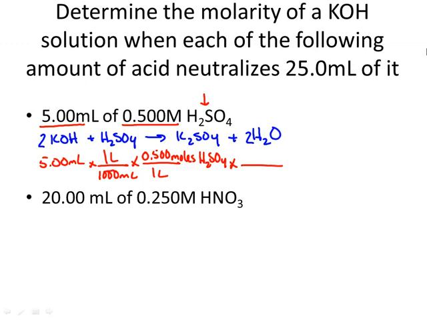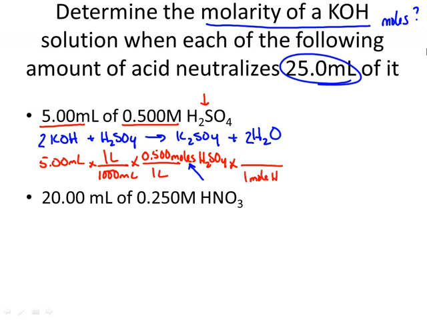If I want to know the molarity of KOH, and I've been given the volume, then I'm missing the moles. I want the moles of KOH. I see down here that I've gotten to moles of H2SO4. And in my balanced chemical reaction, I can see that I have 1 mole of H2SO4 to 2 moles of KOH. So then, using my calculator, I can calculate how many moles of KOH there are.